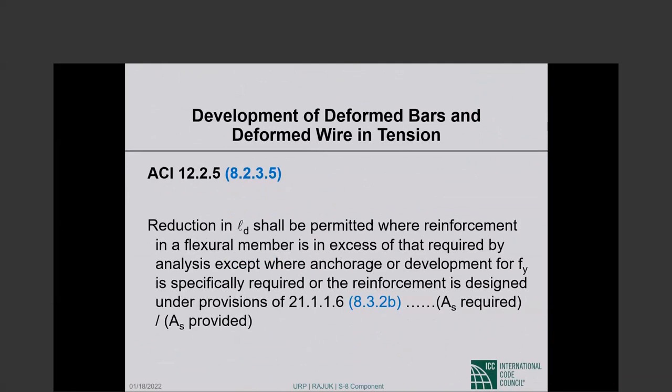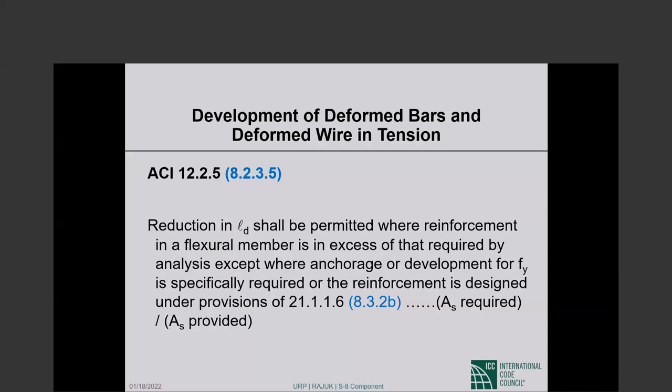And then there is another factor that I don't want to say is complicated, but it causes some confusion. Reduction in L sub D, the required development length, shall be permitted where reinforcement in a flexural member is in excess of that required by analysis. So you have provided more reinforcement than required by analysis.